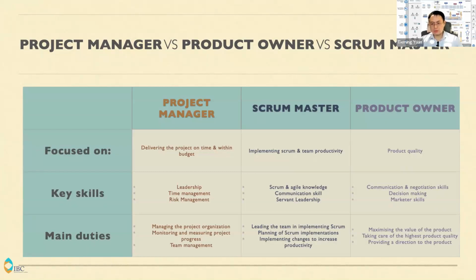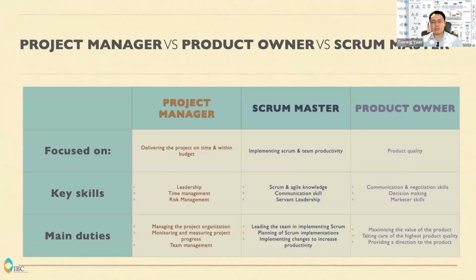The main duties of a product owner are to maximize the value of the product, stand in for the customer, and take care of the highest product quality. Make sure that the end product is of quality to the customer, customer centric. If the product owner doesn't accept the finished product, then I'm sure the stakeholders and the end users are not going to accept it as well, because they don't see it as value.